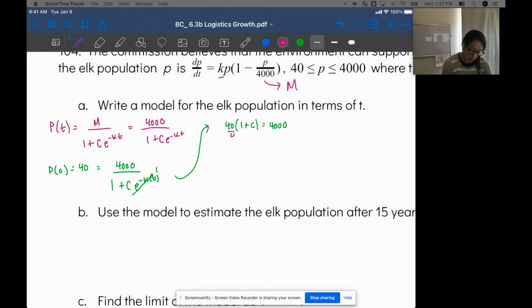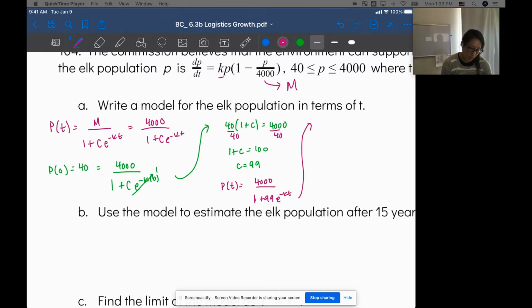Divide by 40, and I get 1 plus C is equal to 100. So I can see C is equal to 99. Now I have P of t is equal to 4,000 over 1 plus 99 e to the negative kt.